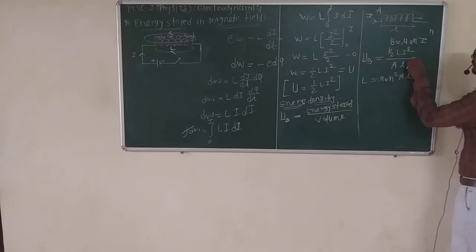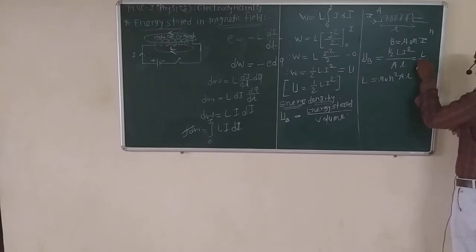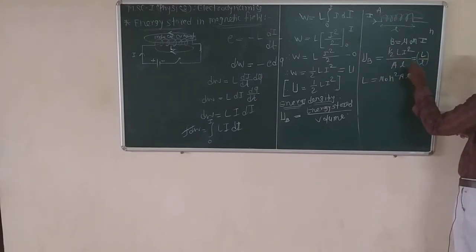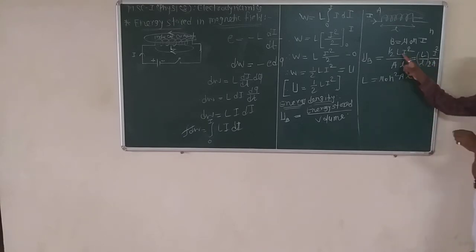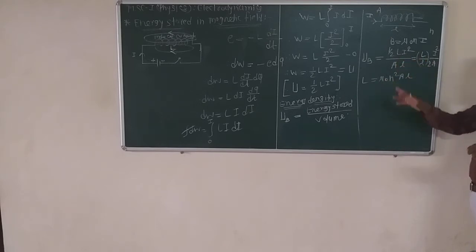Our equation is 1/2 L I square divided by A l. This simplifies as L upon l, and the 2 is transferred to the denominator, so we get L upon l times I square divided by 2A.